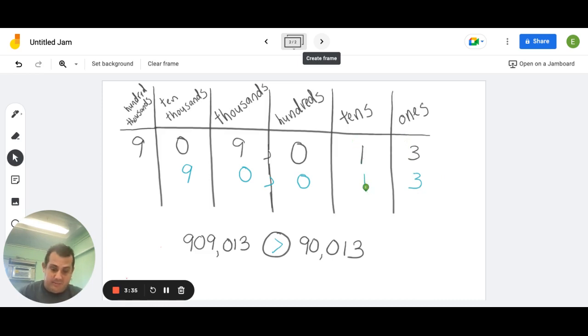Tens, they're the same. Hundreds, they're the same. And you could say, wait, this number has 9,000s. This one has 0. So this number has to be greater, which it does. 909,013. Okay. I'm going to erase these.